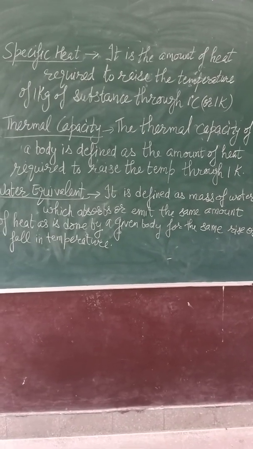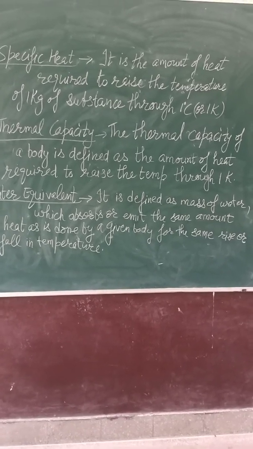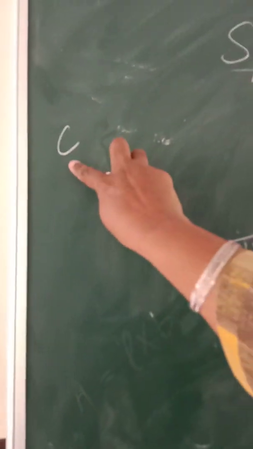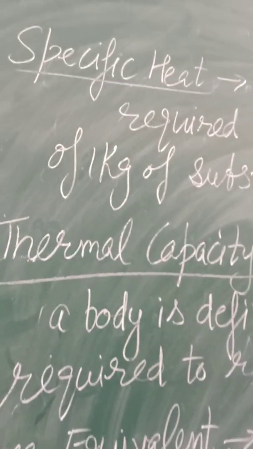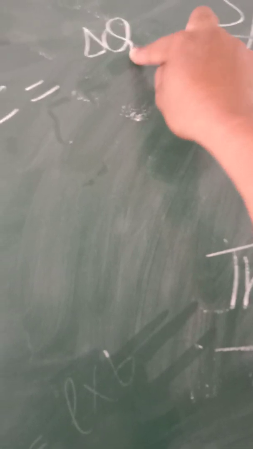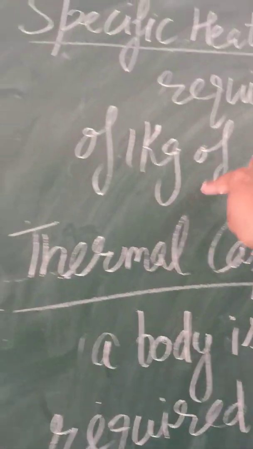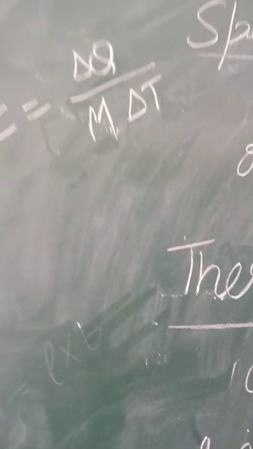capacity of a body is defined as the amount of heat required to raise the temperature through 1 Kelvin. And one thing more, specific heat in mathematical form can be represented by C. Specific heat equals the amount of heat required, Q, to raise the temperature of 1 kg of substance, that is the mass of the object, and temperature.